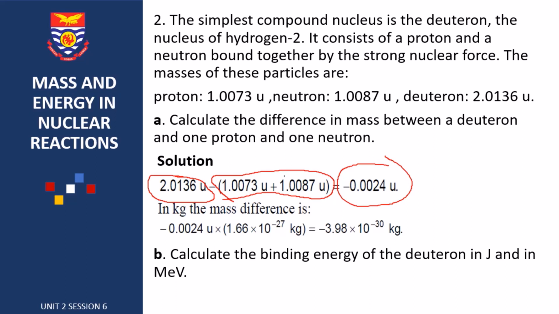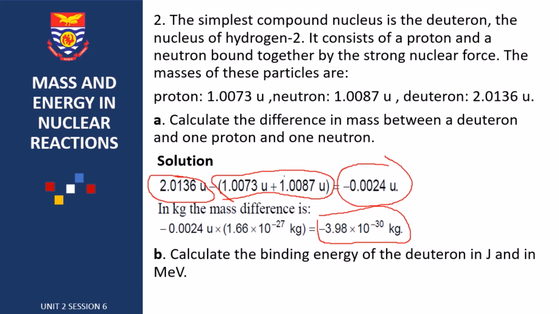So by converting from U, which is atomic mass unit, to kilogram, we multiply the change in mass by the value of U in kilogram, and this gives us negative 3.98 times 10 to the power negative 30 kilogram.